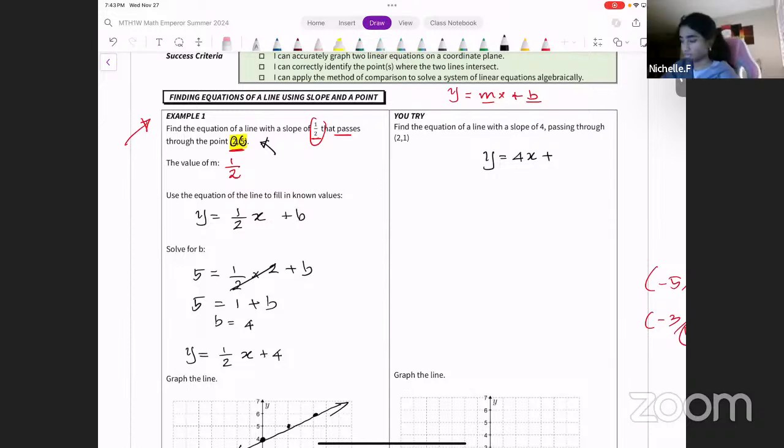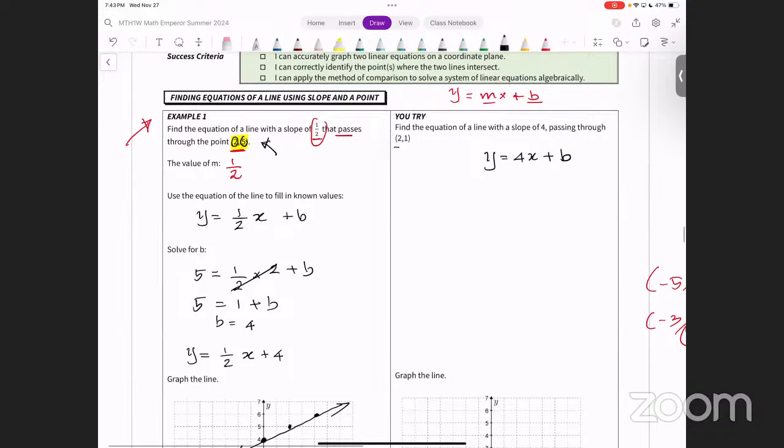I haven't solved for b. So that is 4x plus b, with the point 2 comma 1. So when x is 2, y is 1. So 4 times 2 plus b. So 1 is equal to 8 plus b. You have to be careful in solving the equation. So 1 minus 8 is b. So b is equal to negative 7.